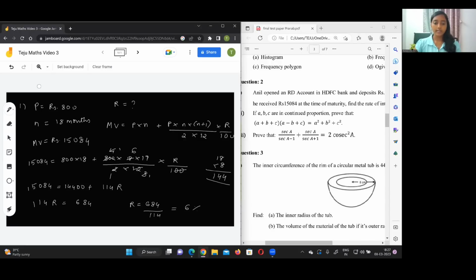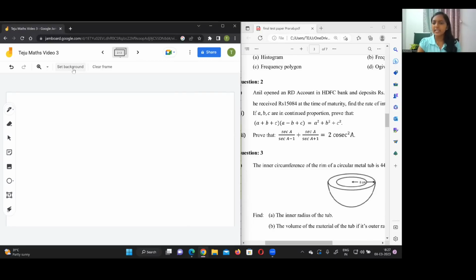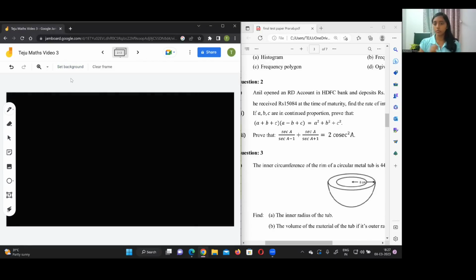So therefore, our answer is 6%. This is our first question. Is this clear? It's a direct application of the formula. So all you need to know is the formula, and you will be able to score a direct 3-mark question. You'll be able to easily score 3 marks in this particular question.